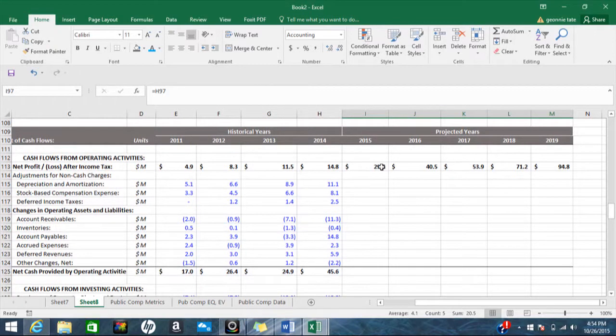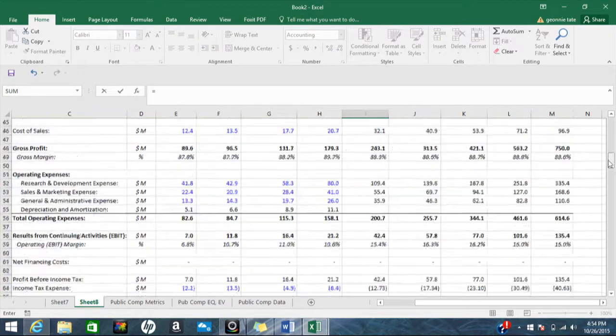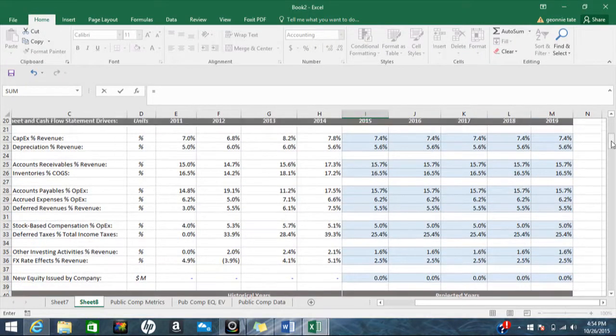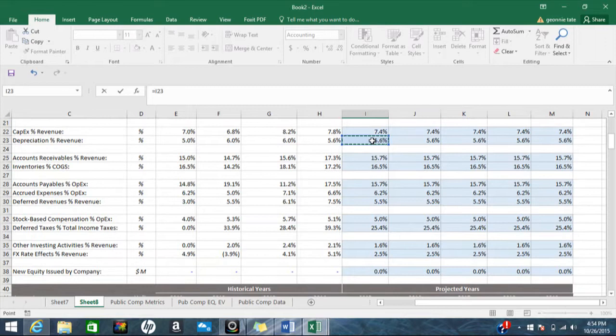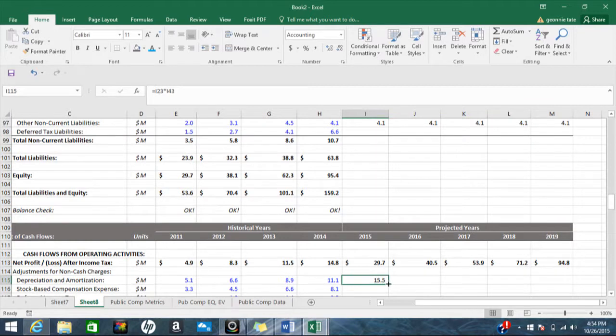Remember, I got my first line item for the cash flow statement from the last line of the income statement, which was the net income. Now we can do the depreciation and amortization. Okay, solve for this. And it's a percentage of revenue. I'm going to carry that over.